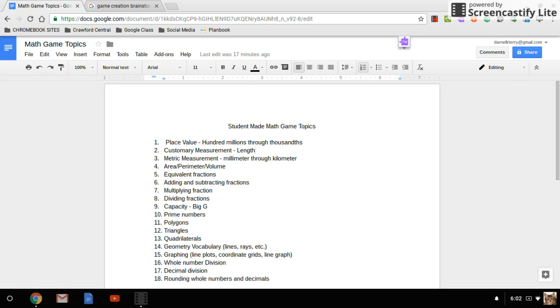Everybody in the group might not be strong in every area. So it's not going to be a strength for everybody in the group. You will have to work together as a team to make sure that you get every person in your group through this project. So it might be a strength for two of the three, and the third person might feel like it's not a strength for them, but it's going to probably be rare that you find a strength for all three members. So your first job is to pick your topic.